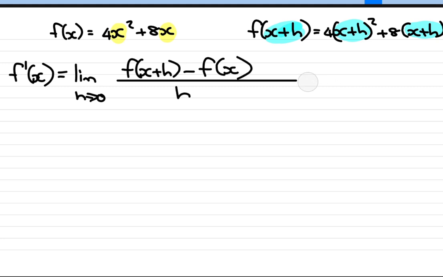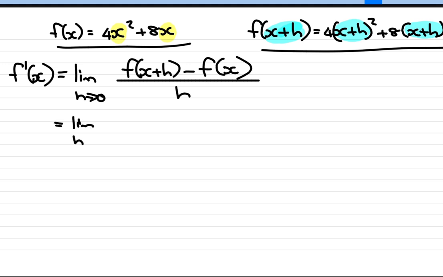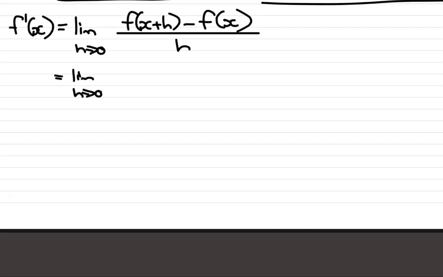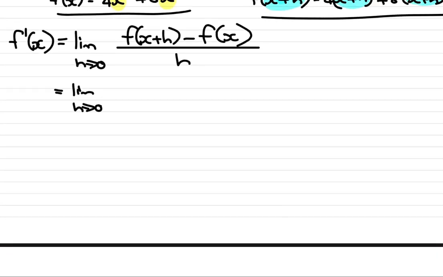So let's just make this a bit neater. Now I'm going to sub these two functions into my formula. There's a limit as h approaches 0, and you have to keep on writing this limit. And just remember, these are marks. You want to keep these marks.